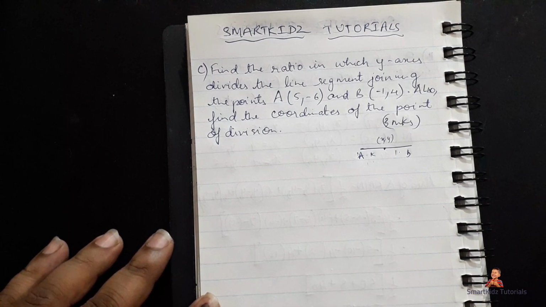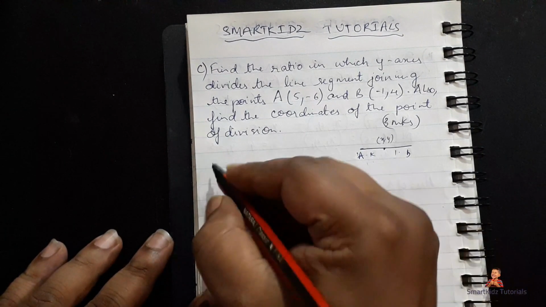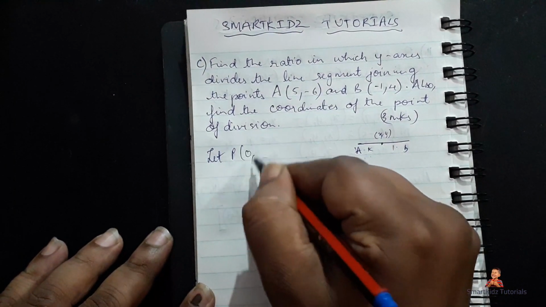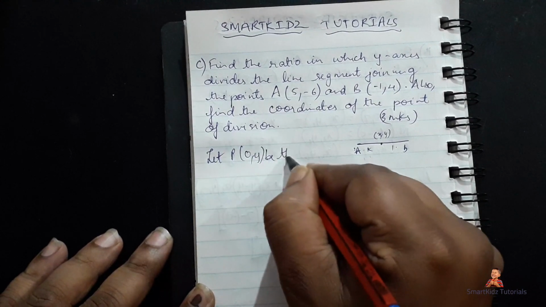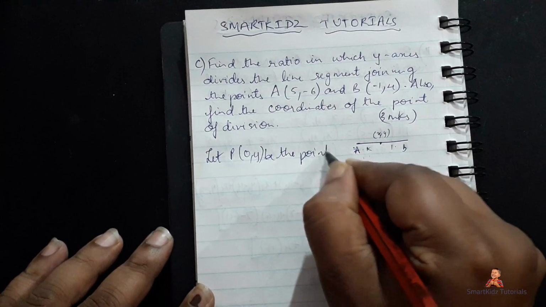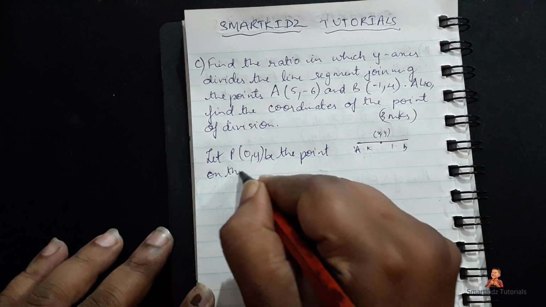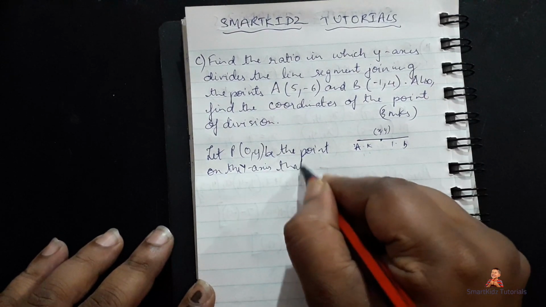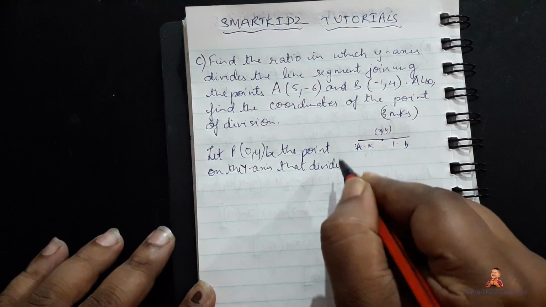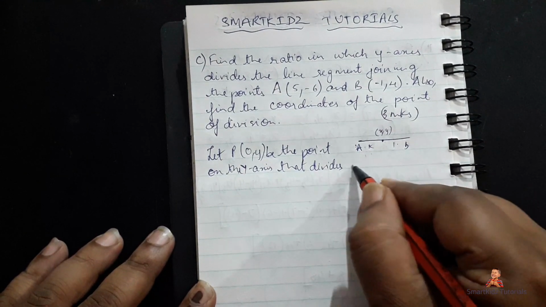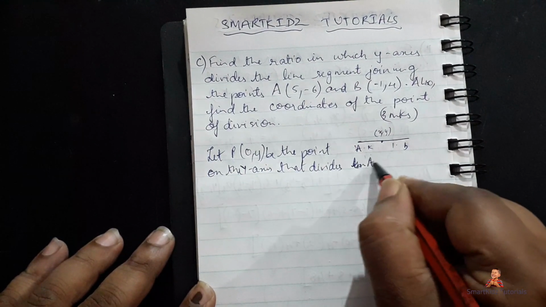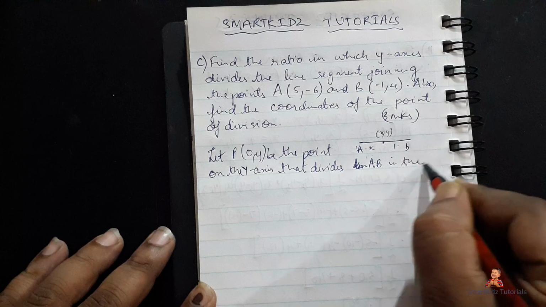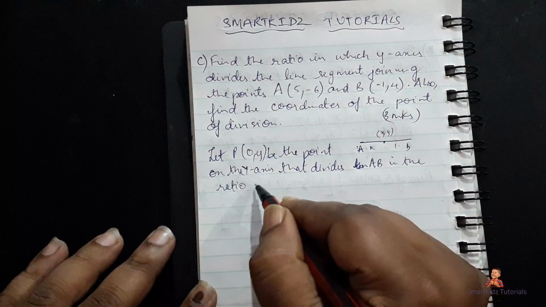Okay, but we'll make a small assumption before that. So we say let P(0, y) be the point on the y-axis that divides AB in the ratio k is to 1.